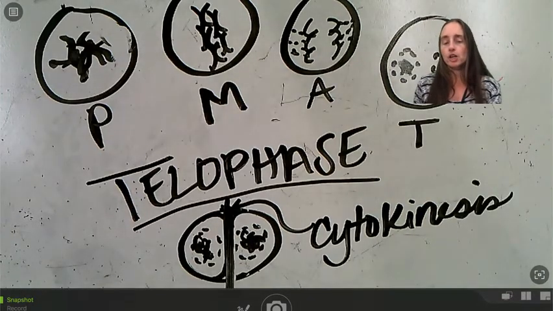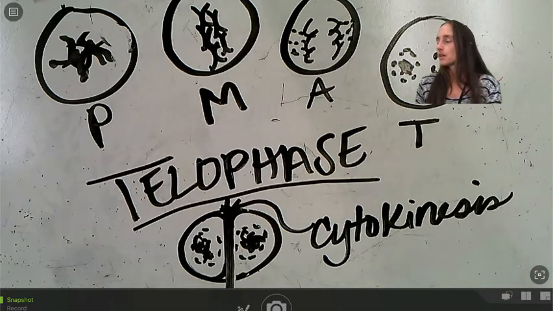The hard part is that it occurs at the same time as telophase. So you rarely ever can see one in telophase and one in cytokinesis because they're actually occurring simultaneously. So once you get into telophase, the cell splits at the same time, and then the nuclear membrane reforms, and then there's two cells where there used to be one, okay? So that's basically how that occurs, okay?